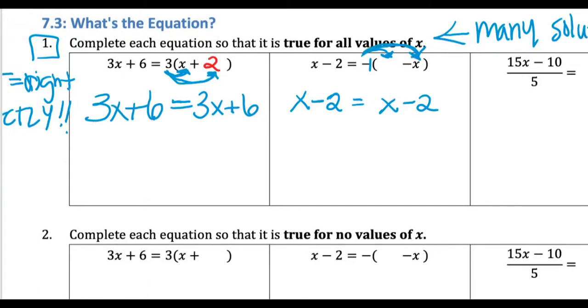Now, -1 times -x is going to give me positive x, right? What am I going to have to multiply -1 by? Okay, it's going to go right here. What multiplied by -1 is going to get me a -2?